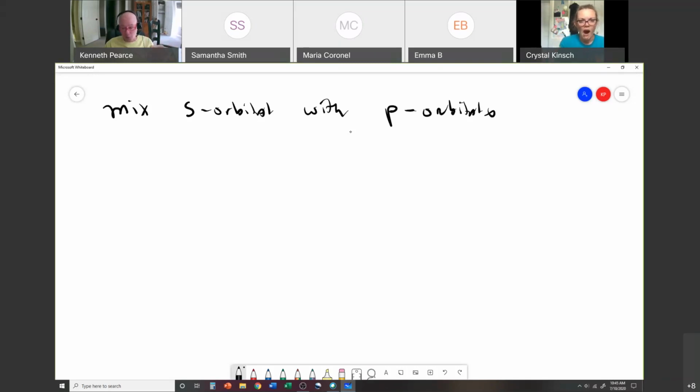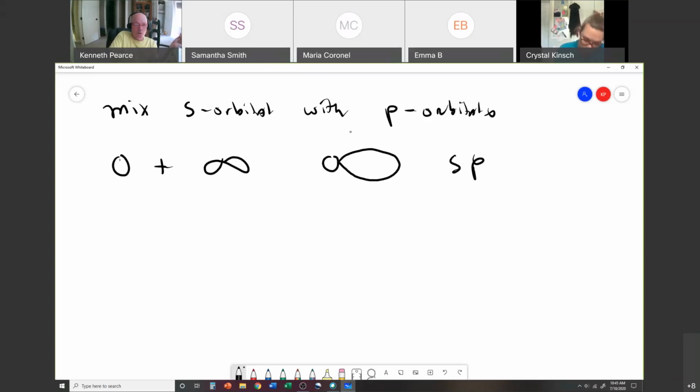If you mix one with another, you get a new mathematical function. This plus that gives you that. So what we're really saying is we're mixing s character with p character. If we mix an s plus a p, we get something that's not quite the same thing. It ends up looking like this, and this is called an sp orbital. All right.